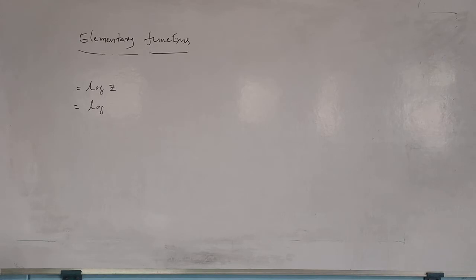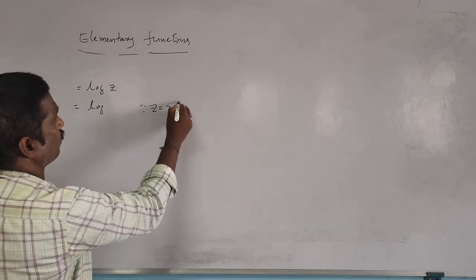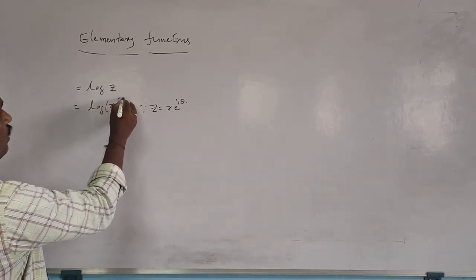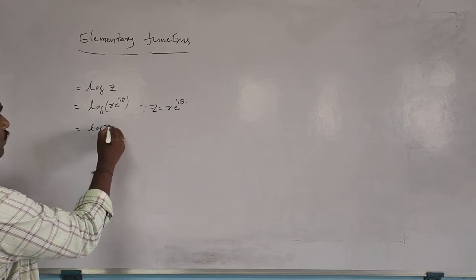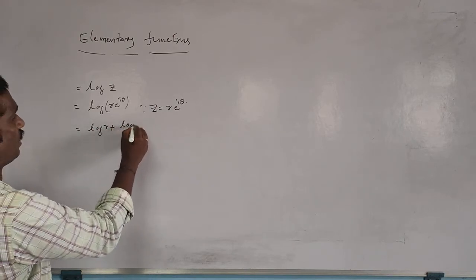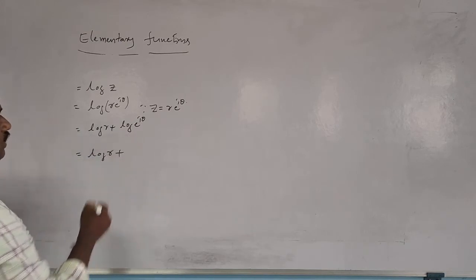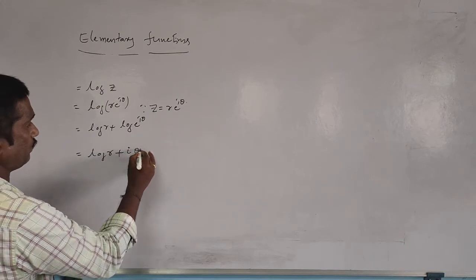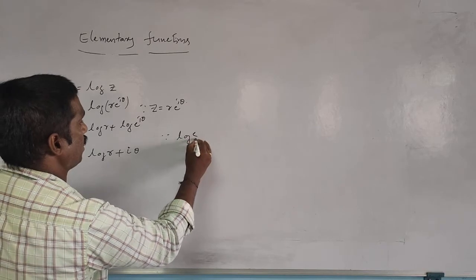Here apply the polar form, z = r e^(iθ). Now apply the basic formula, log(ab) = log a + log b. So log(r e^(iθ)) = log r + log e^(iθ), which can be written simply as iθ, since log e base e equals 1.